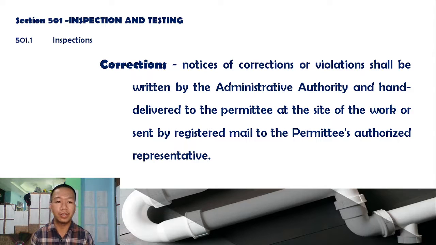So the administrative authority writes the corrections, and he delivers them personally at the site of the work. If he cannot deliver them personally because he is busy, he can send them by mail, delivered through couriers like LBC, to the permittee's authorized representative.